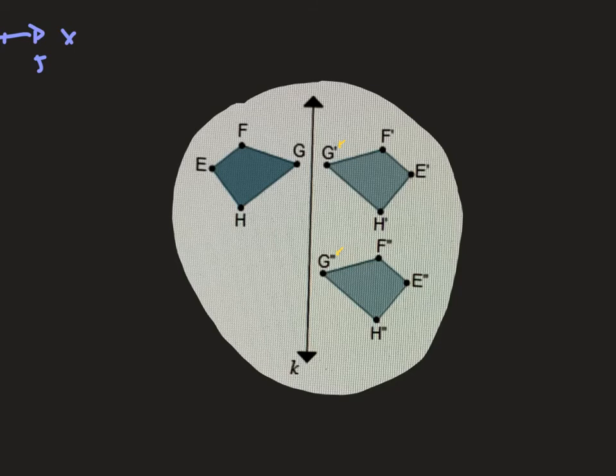So what we're looking at here is our original pre-image, and then the first transformation was to reflect over line K right here. So we had reflect over line K. That was our first thing.